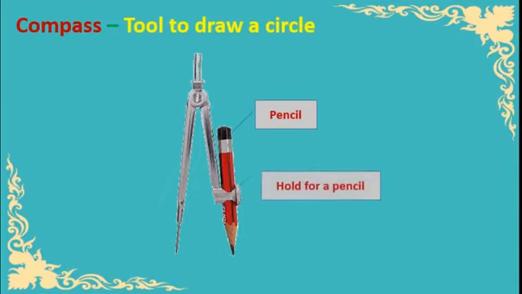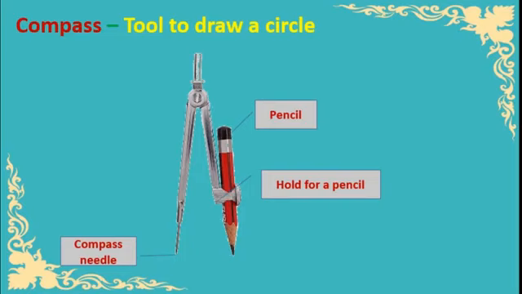See here, a screw is there that helps us to hold the pencil. We have to insert the pencil in that hole and we can adjust the screw. One thing you remember, here you also see the compass needle. That steel needle will be there.